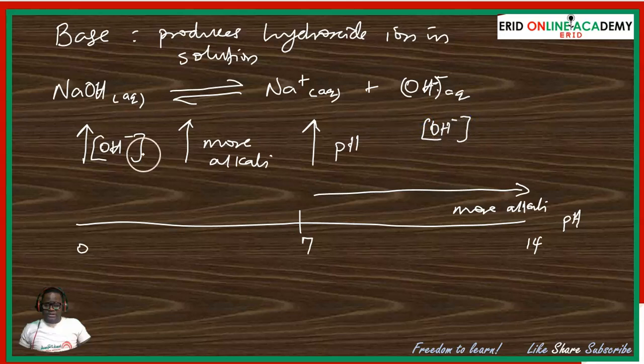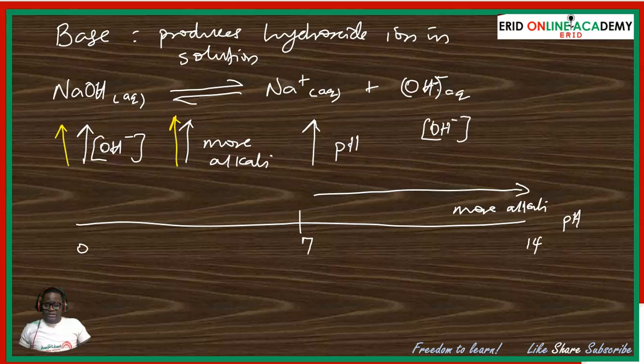The higher the hydroxide ion in solution, the more alkaline the solution is, and the higher the pH when we relate this concentration to the pH scale. It's very important to be able to put that together.